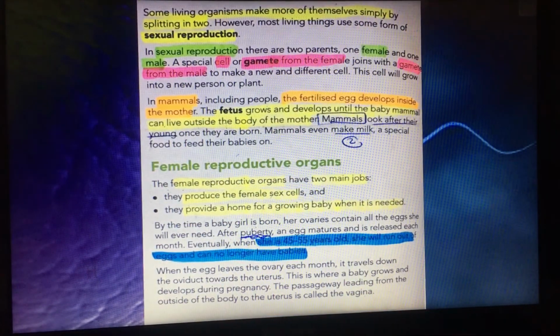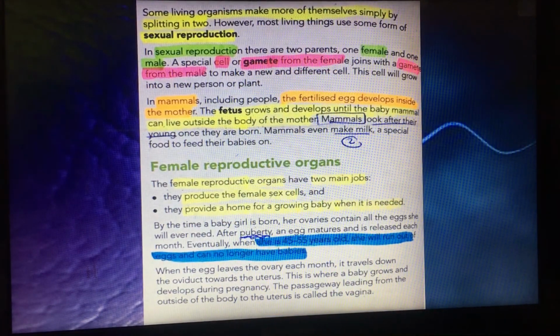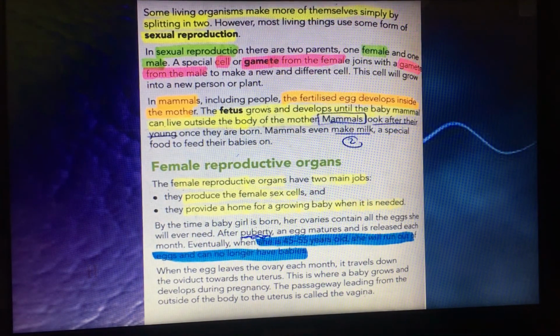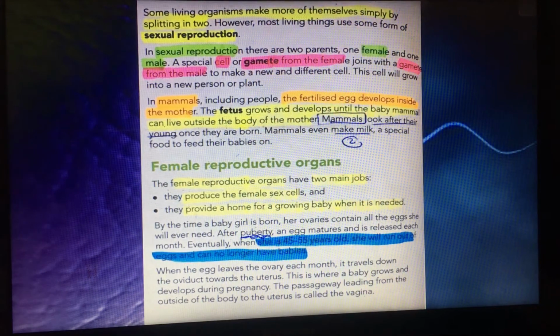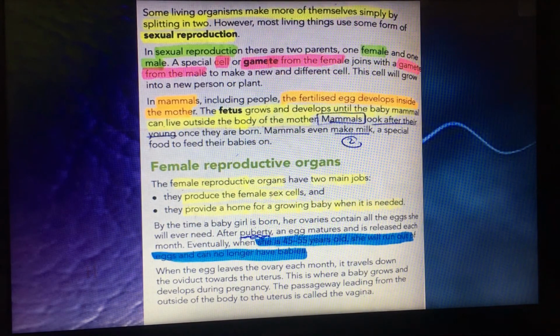And you have to know that by the time a baby girl is born, her ovaries contain all the eggs she will ever need. So during her lifetime, she has a fixed number of eggs. After puberty, an egg matures and is released each month.